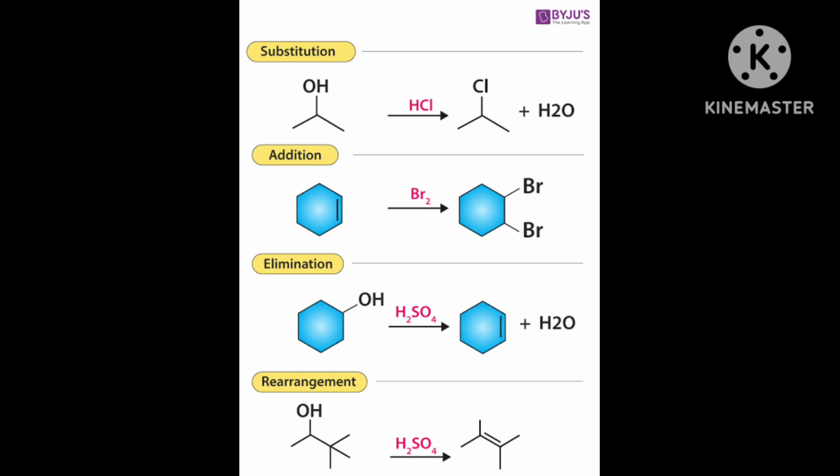Now I am going to discuss tetravalency of carbon and the shapes of organic compounds. Tetravalency of carbon is responsible for the shapes of organic compounds. Already I have discussed in the last class that carbon has a maximum valency of 4.